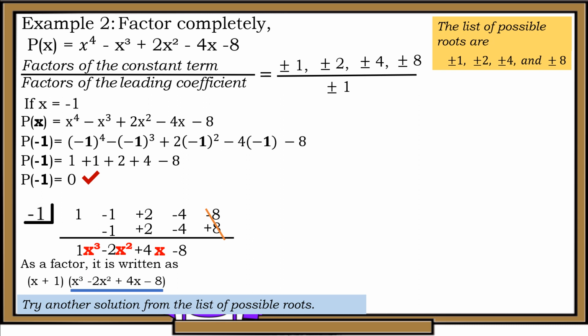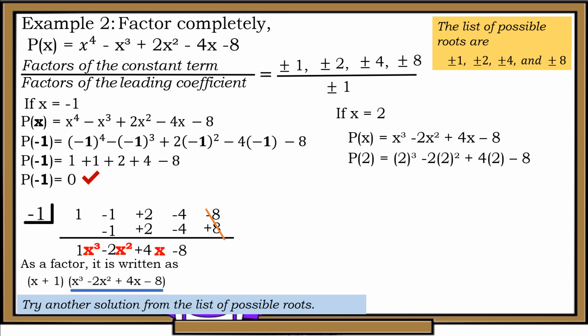So, for the sake of practice, let us use synthetic division because it is easy to use. So, gamitin natin yung, let us try if x is equals to 2. Ang polynomial natin ay x cubed minus 2x squared plus 4x minus 8.